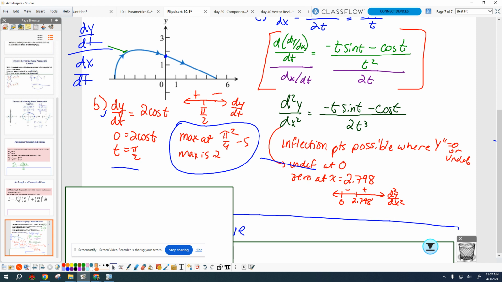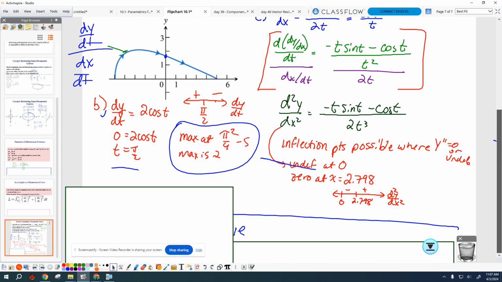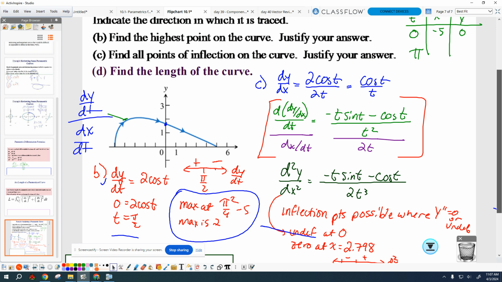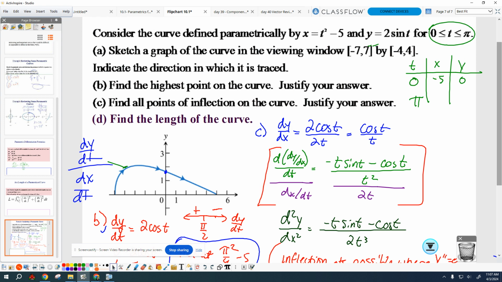And the domain is from 0 to pi. In the calculator questions, I really recommend when you're looking at them and typing them in, understand how to use the window, hit mode or window, and set it to 0 to pi so you see the only answers that are available.